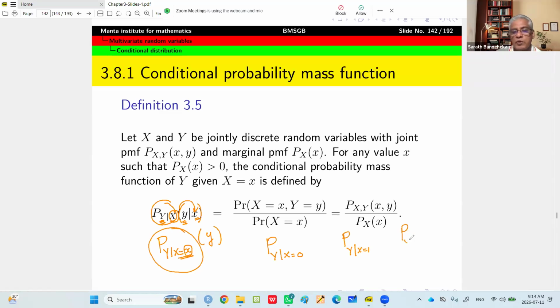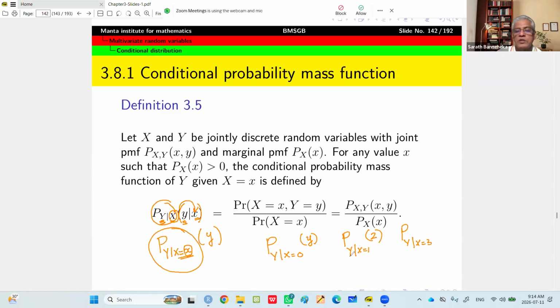Similarly, you may be able to talk about the conditional probability mass function of Y given X is equal to 3, say, right? This function can be evaluated at some value y. This is another function, a different conditional probability mass function. You may be interested in evaluating that at the value, say, 2, right?